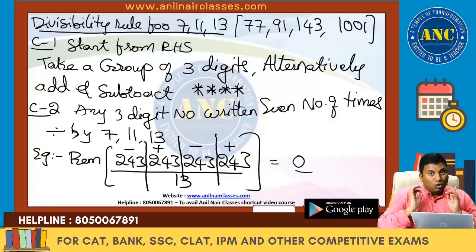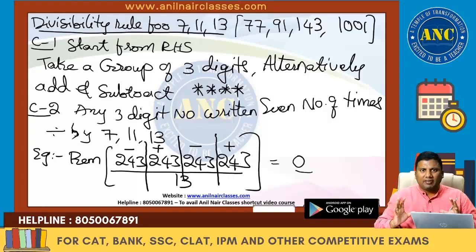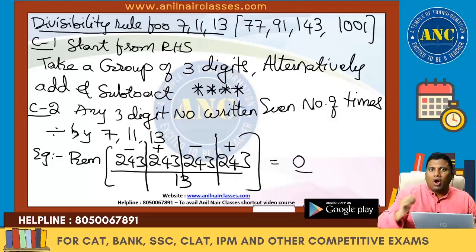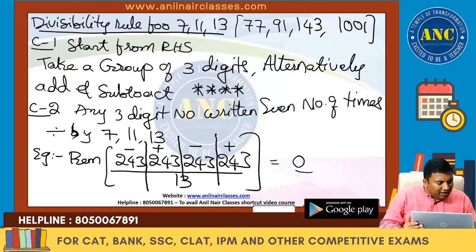So, two important things. First is the generic divisibility rule for 7, 11, 13: start from right hand side, take a group of 3 digits, alternately add and subtract. Any 3-digit number written an even number of times is always divisible by 7, 11 and 13. I hope this concept is clear.